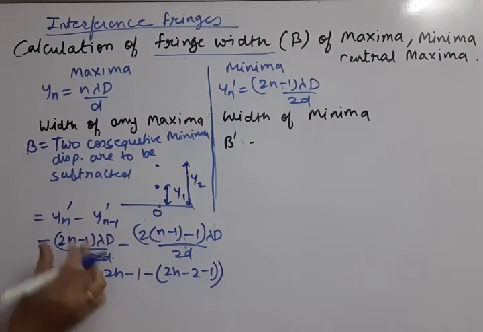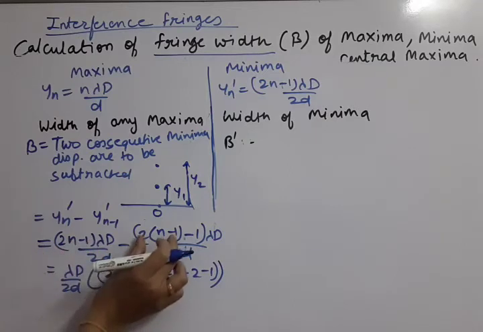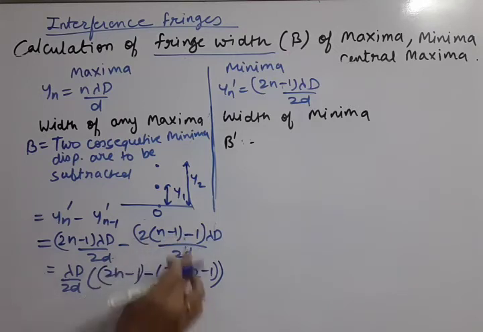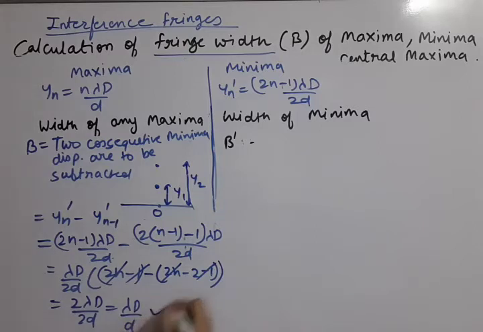So 2n minus 1 is here, from here minus sign, then this bracket 2n minus 2 minus 1. Now if I subtract the two, 2n and 2n cancel, minus 1 and minus 1 cancel because of the minus sign. Only minus 2 is left, and minus 2 with the minus sign is plus 2. So 2 lambda D by 2d will come, that means lambda D by d will be the formula of the width of this maxima. Okay, so we have got the first answer.